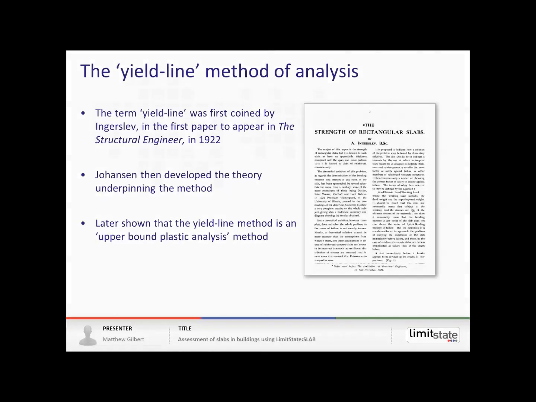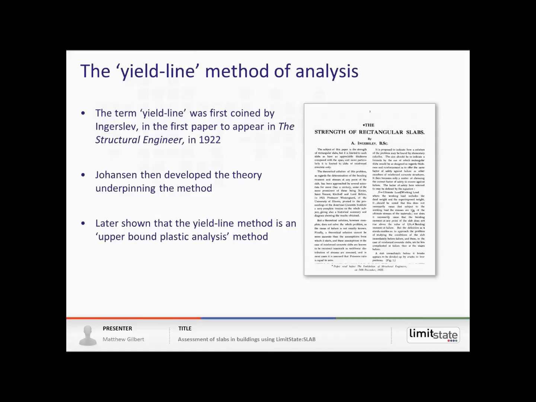Okay, so if we have a look at the traditional yield line method now, for those of you not familiar with it, it's been around for almost a century now. The term yield line appears to have been coined by Slabs in the very first paper to have appeared in the Structural Engineer journal back in the 20s.